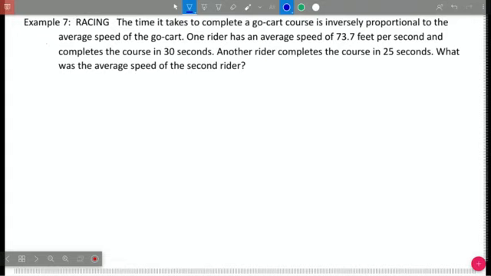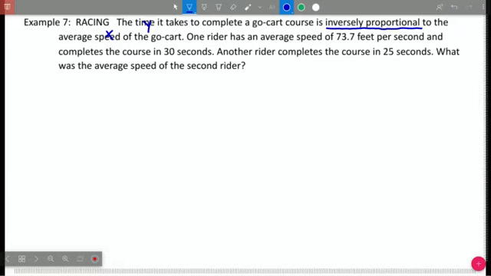So as we read through this, the first thing hopefully you recognize is up here it said inversely proportional. Again, that basically means the exact same thing as inverse variation, just different wording. So we want to identify where we see those words, because before those words in that sentence is going to be our y value, in this case, time. After those words in that sentence, we see the average speed, which will be our x.